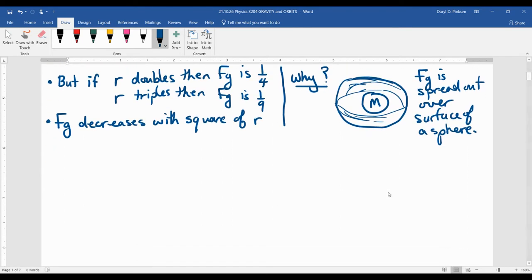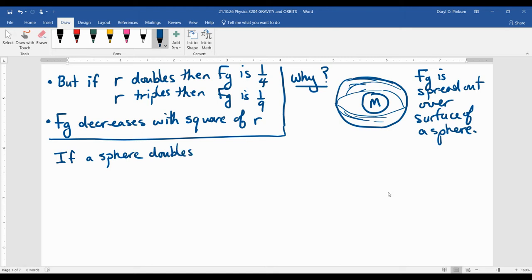And if you increase the size of that sphere, so if a sphere doubles in radius, the surface area is 4 times as much.